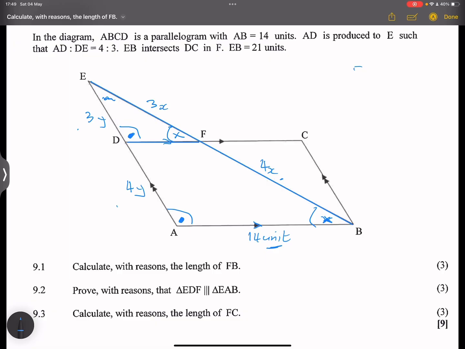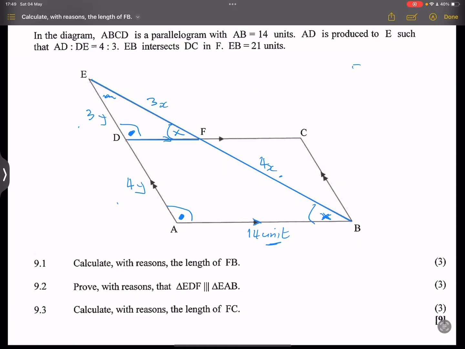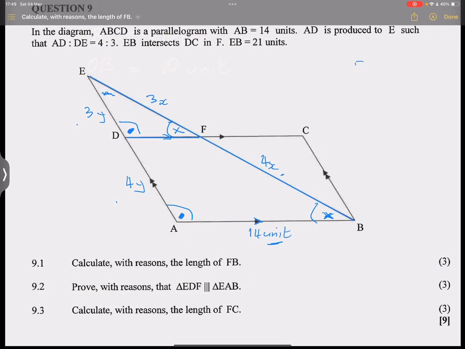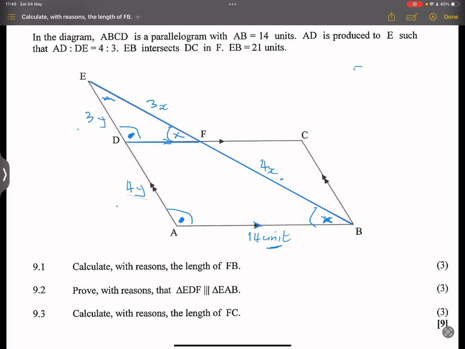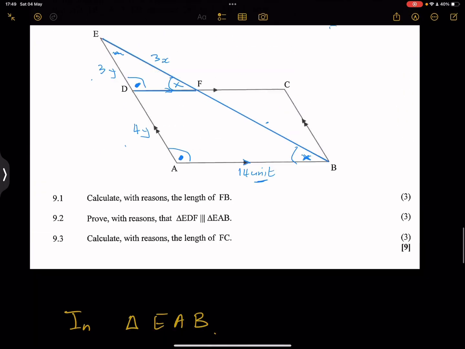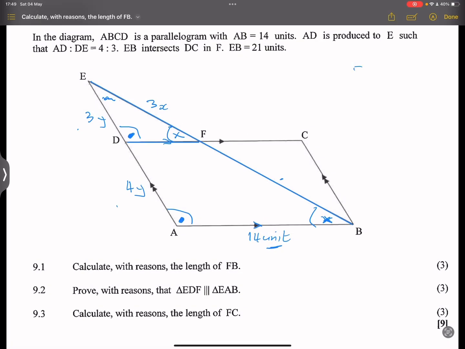Please note, we found the size of FB, so I'm going to use that. Actually, no, the entire side EB was 21 units, but this one was, what was it? 12 units rather. So we found that to be 12 units over there.